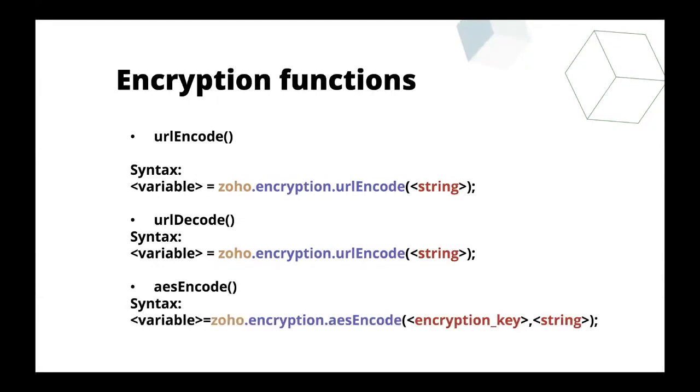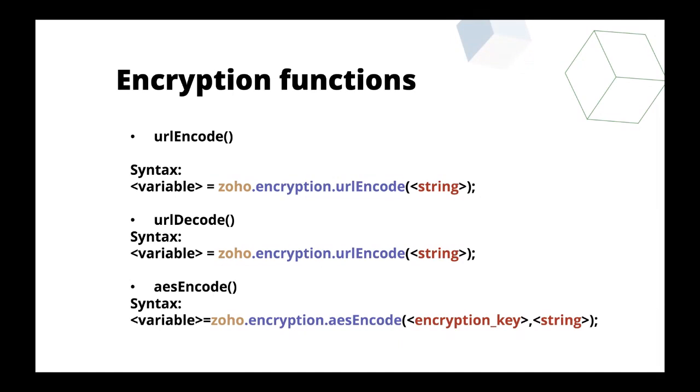The syntax for that is variable name equals zoho.encryption.urlEncode, and the string to be encoded. Next we have the URL decode function. This would decode the encoded value. The syntax is quite similar: variable name equals zoho.encryption.urlDecode, and then you have the value to be decoded.